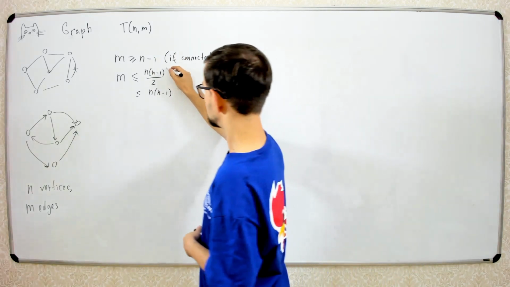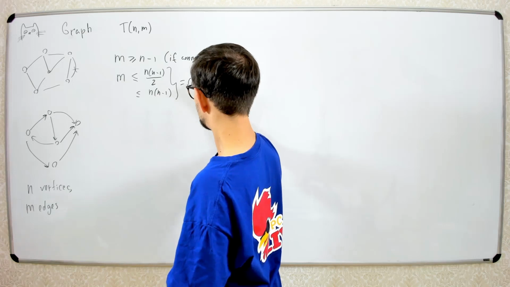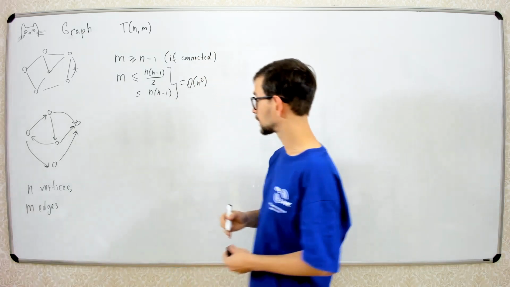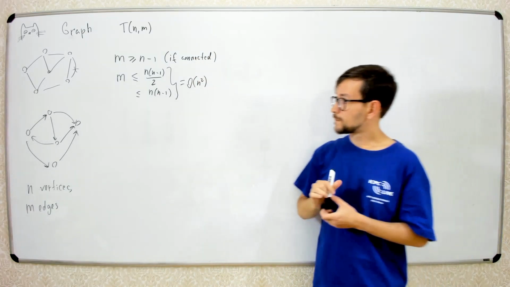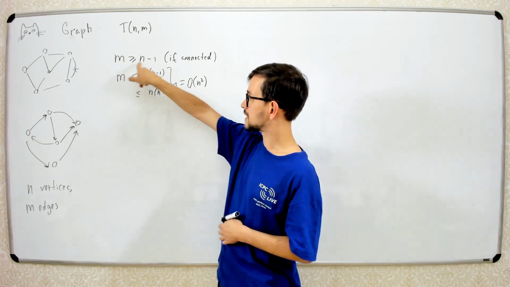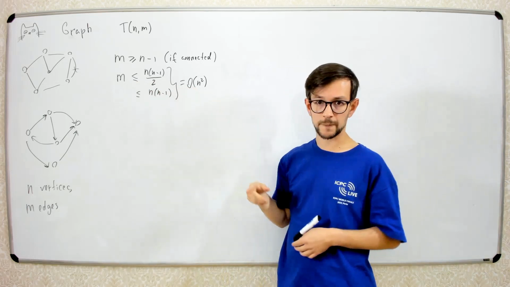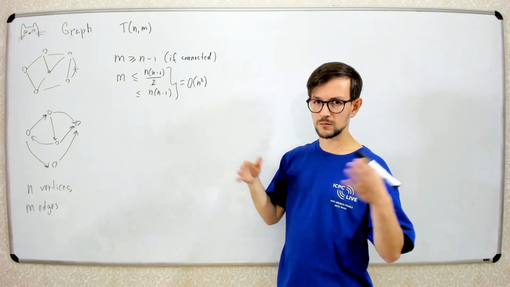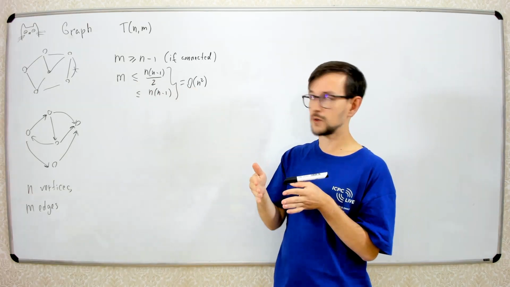In both cases, it's big O of n squared. So I will usually assume that m is at least n, and m is no more than n squared. And it will give me somewhat shorter formulas for the time complexity.